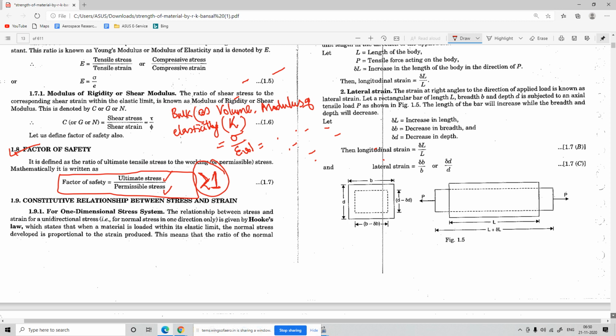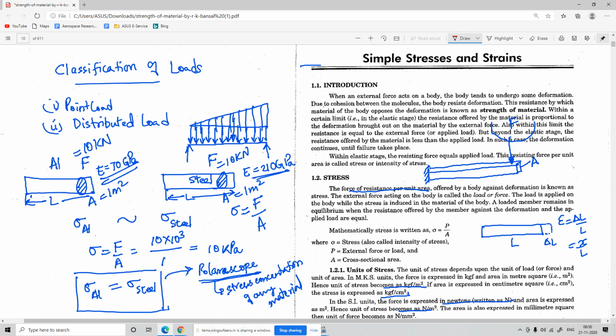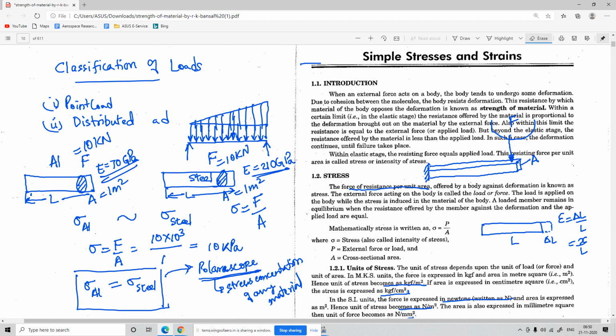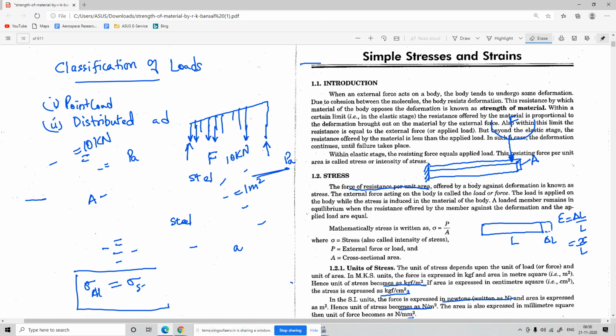So you can move to the beginning. Now you have a very important topic, how the stress strain acts.